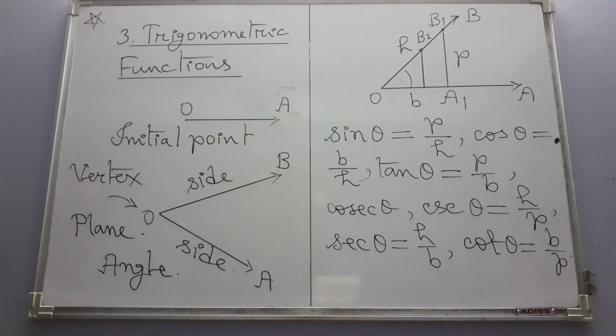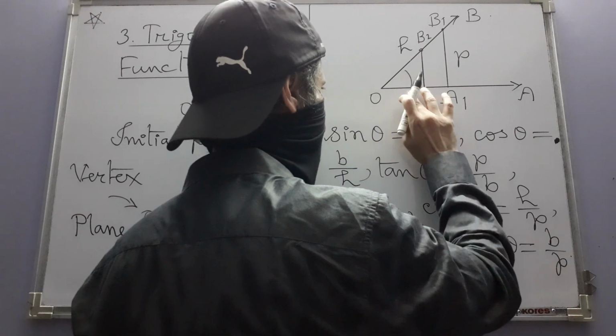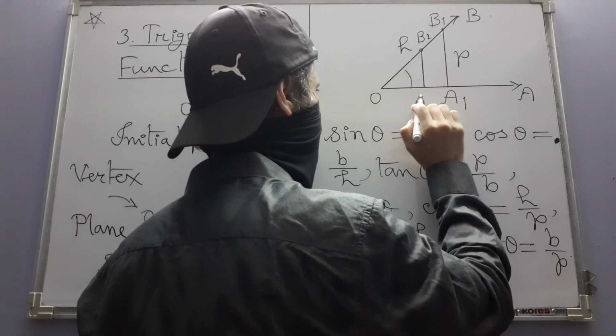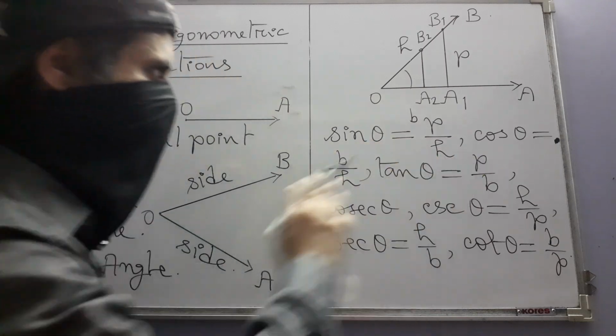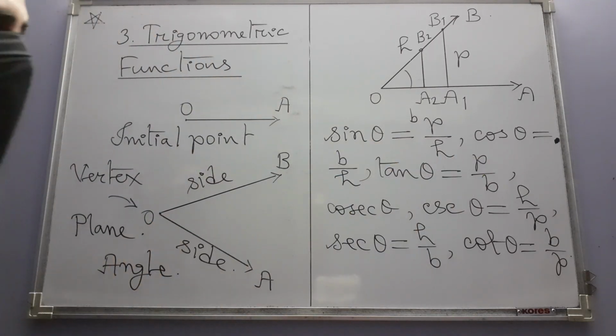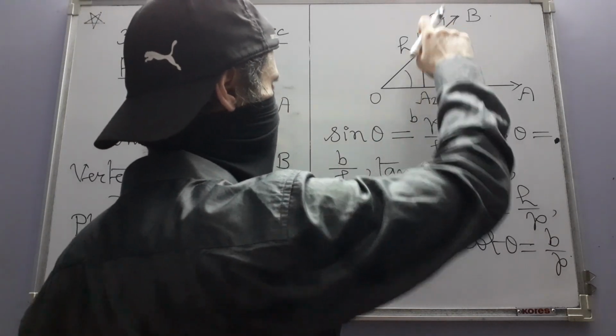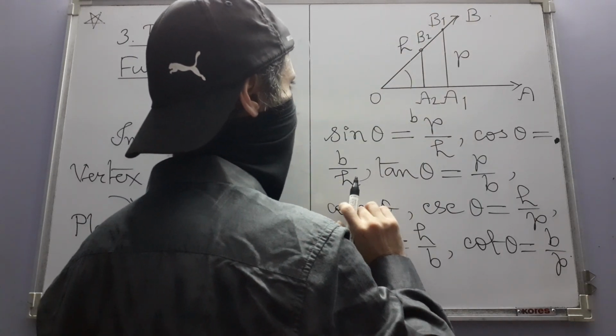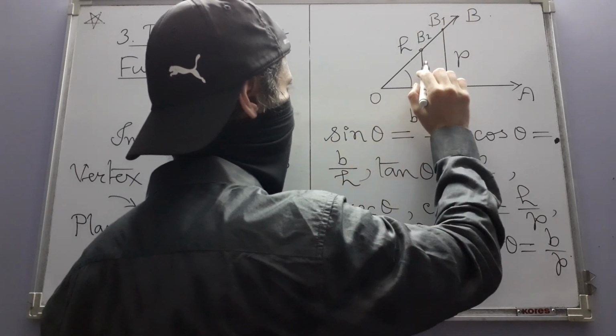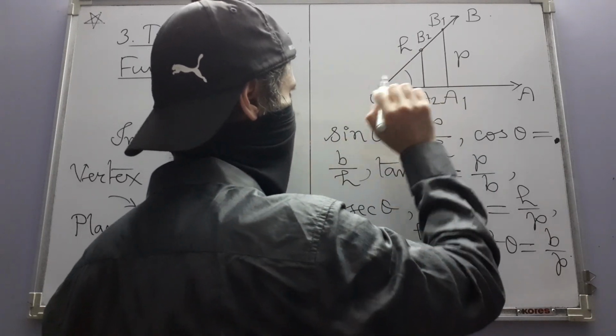Let this new foot of the perpendicular be A2. The original length, I mean the old length B of the base is there, the old length P of this altitude is there, and H is there. Okay.